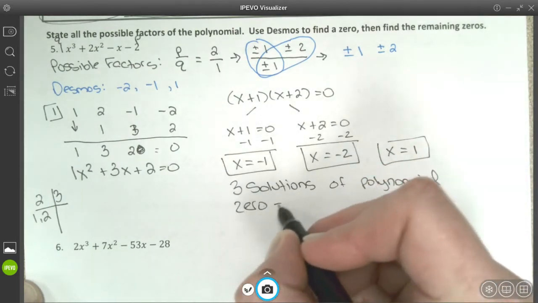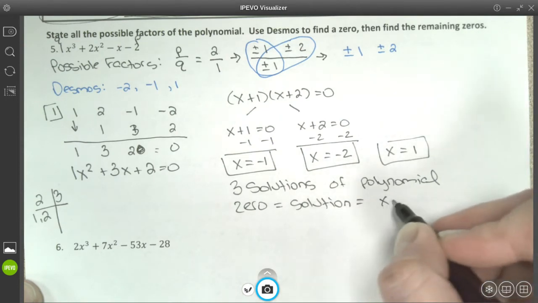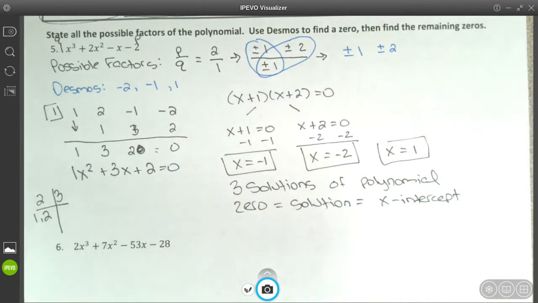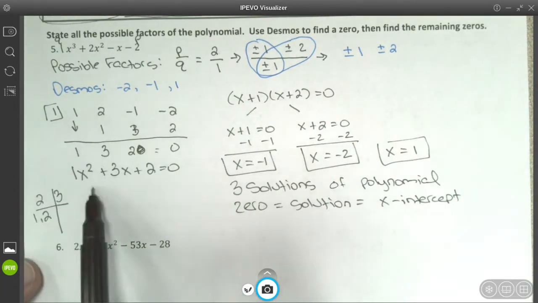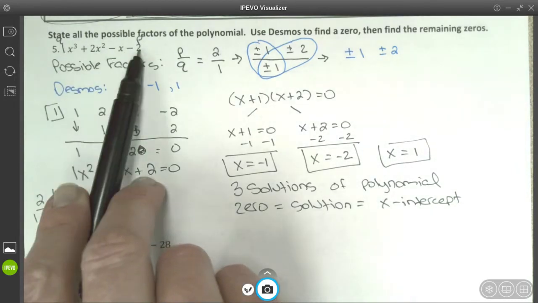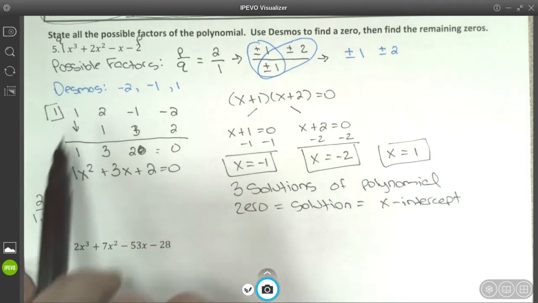And once again, 0 equals solution equals x-intercept. Another handy trick I learned a long time ago is that you can check if 1 is going to be a solution if you just simply add all of your coefficients, because 1 times anything is just 1.